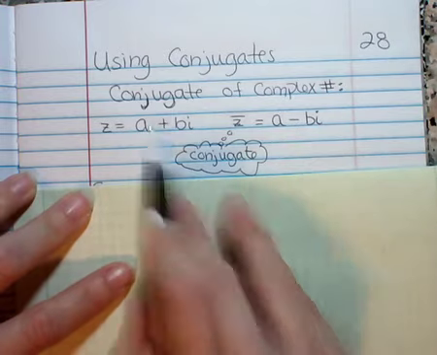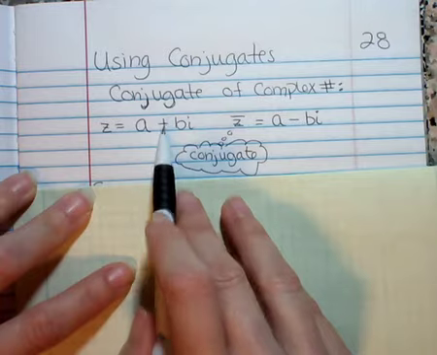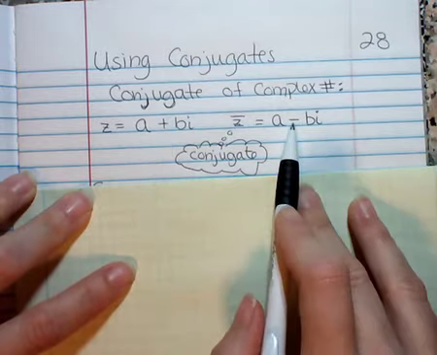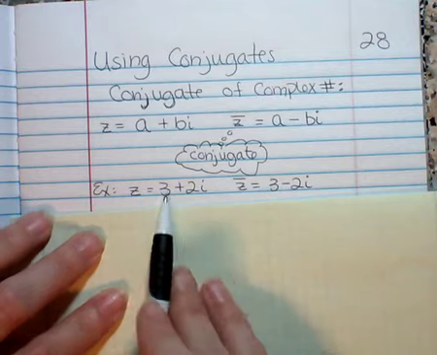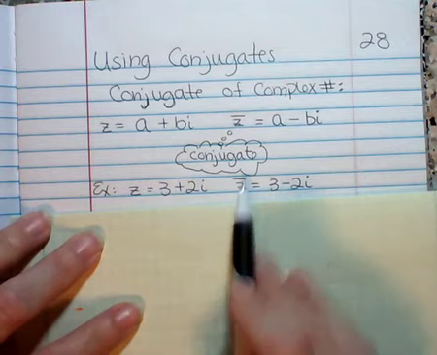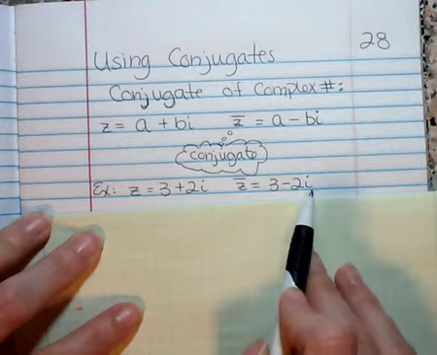The thing that changes is that the imaginary part of our number is the opposite of whatever it was in our original number. So an example would be if z equals 3 plus 2i, then z bar, or the conjugate, equals 3 minus 2i.